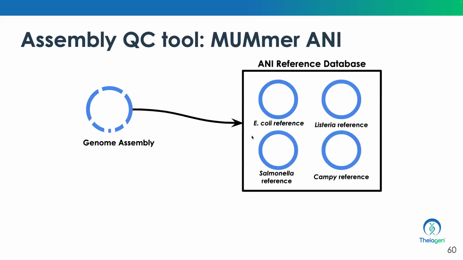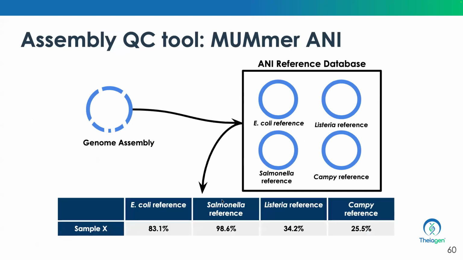So again, this also has a reference database. So your genome is aligned against this reference database, and then assessed against the reference that gets the highest nucleotide identity. In this case, it's Salmonella.